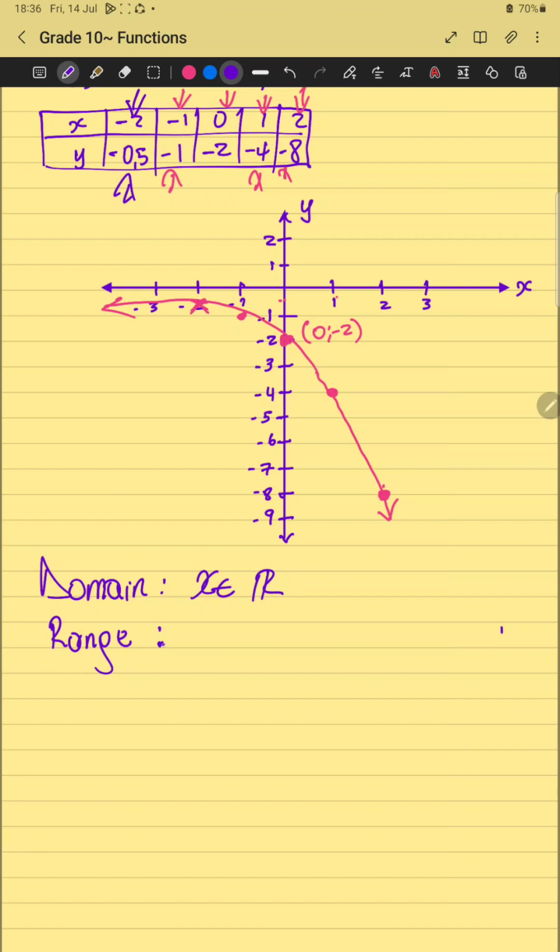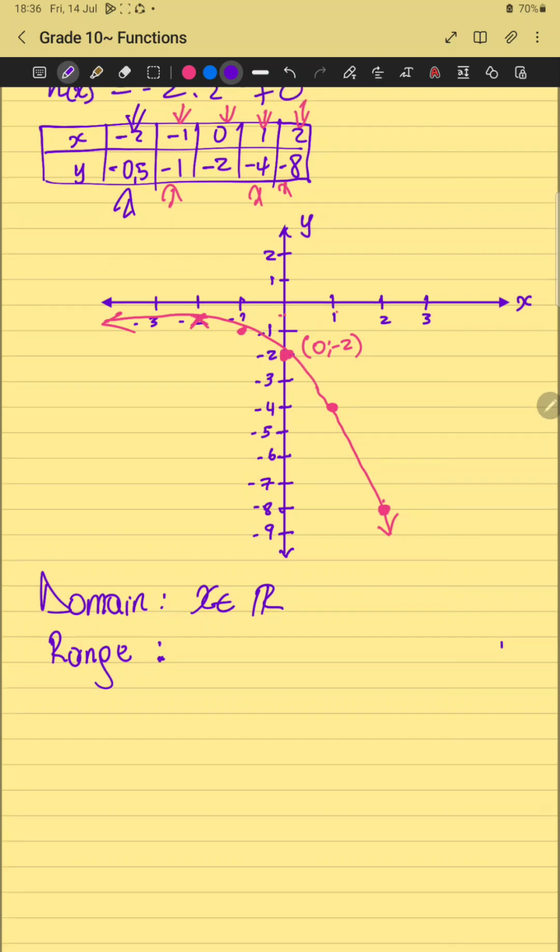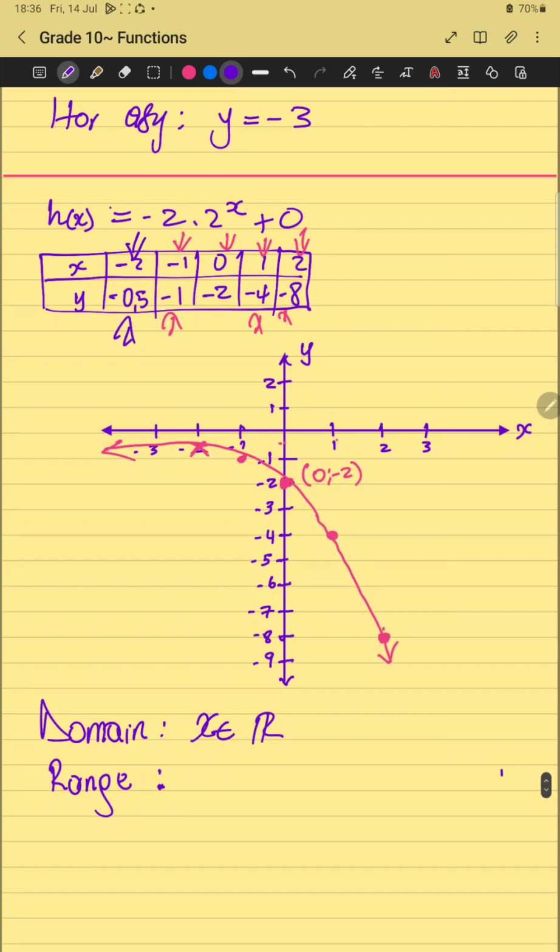What about the range? Range, now I said the range depends on the shape of the graph and the horizontal asymptote. If you check our graph now, it is below the horizontal asymptote, which is 0. So I said if it is below, it's going to be less than. If it is above, it's going to be greater than.